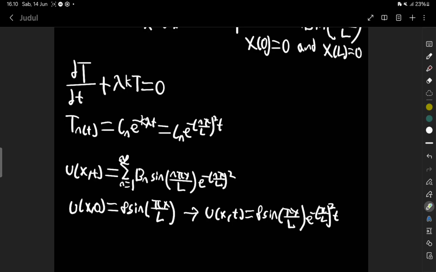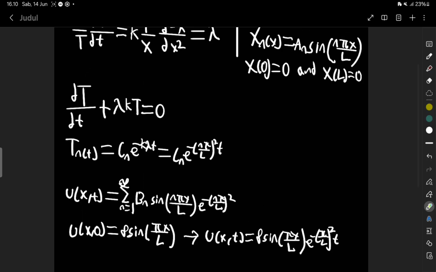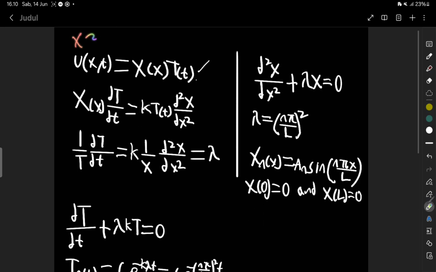Now we are asked to find the temperature at x equals 0.5 and t equals 0.05.